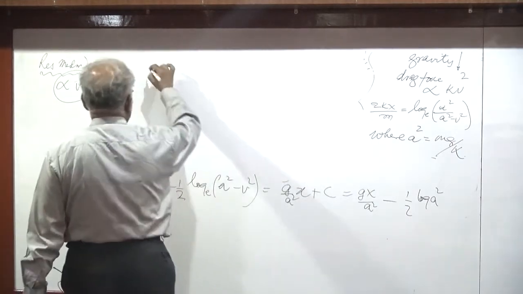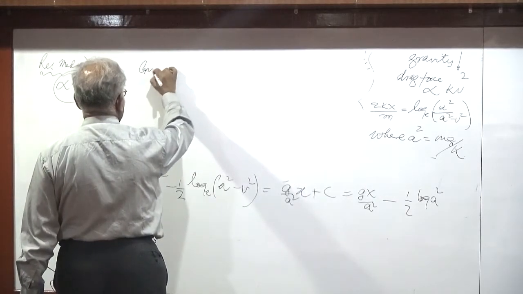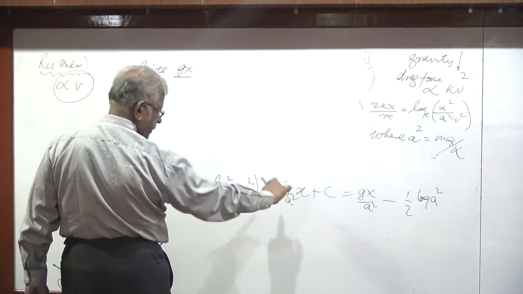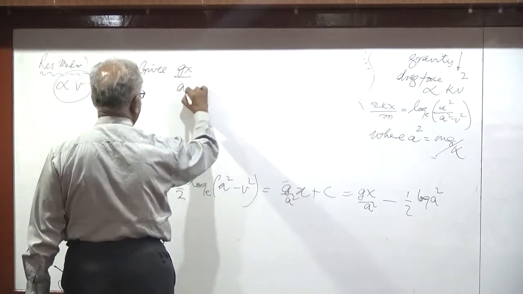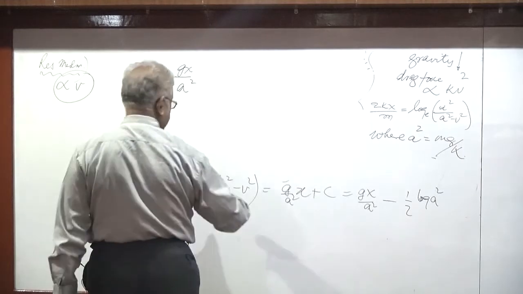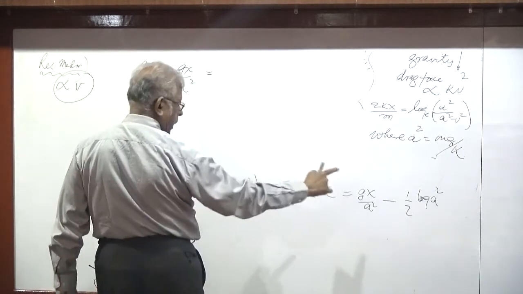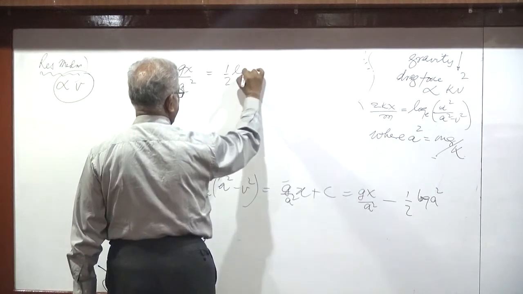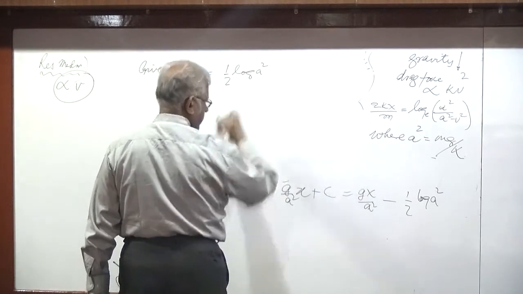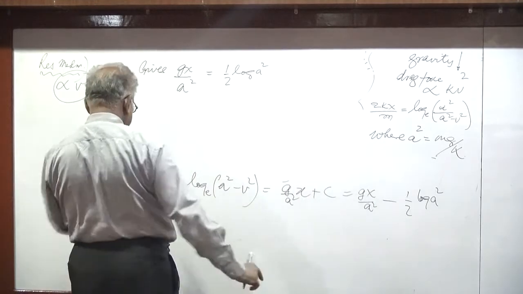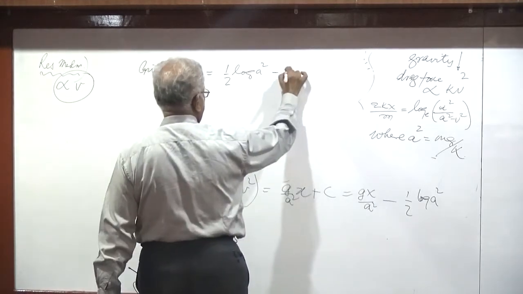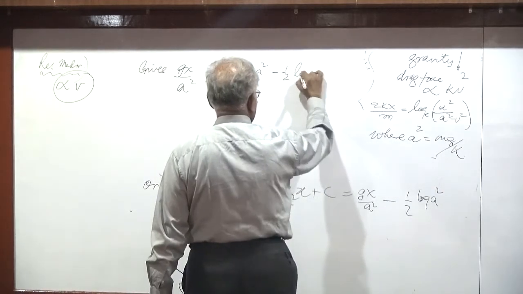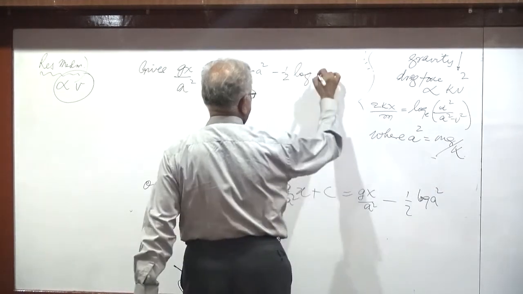We write gx over a square is equal to half log a square minus half log a square minus v square.